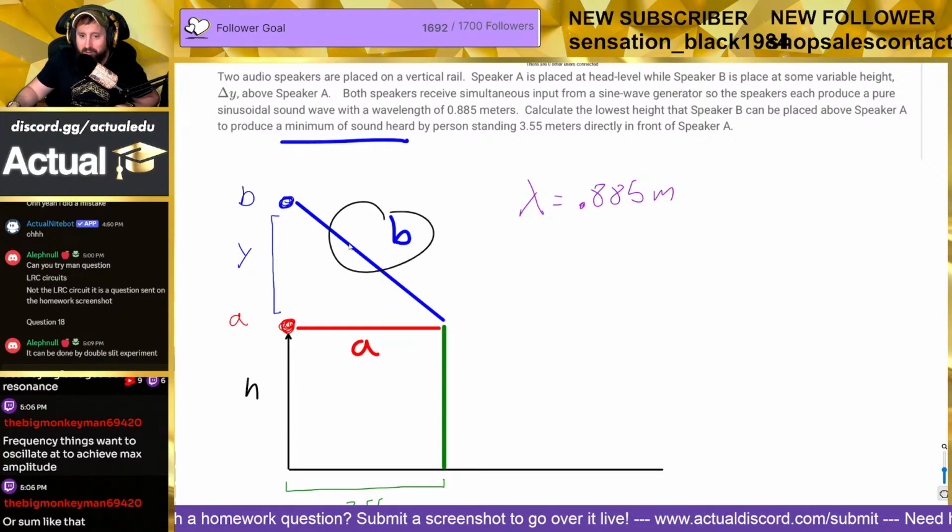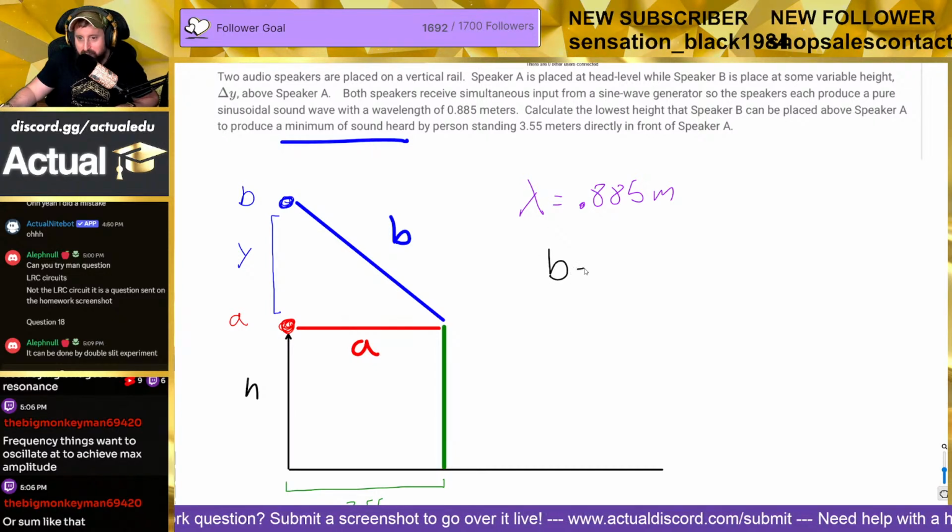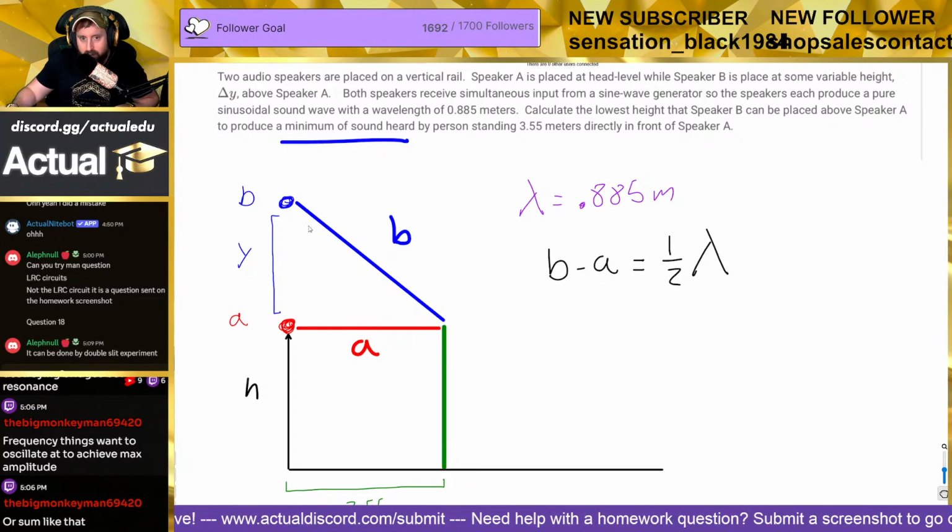So you need the path difference between these two. You need B minus A to equal half a wavelength.